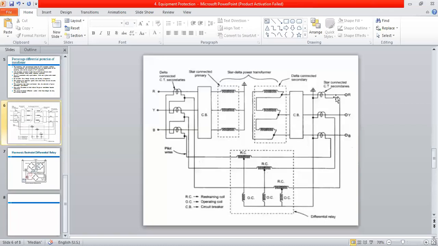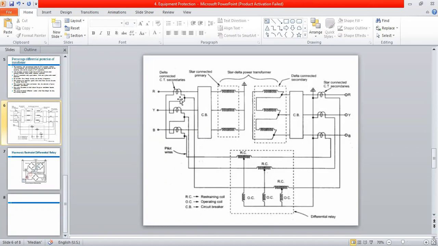Then similarly at the secondary side of the transformer there is again a CT. That is, a current transformer is connected, and it is connected in star. You can see all the terminals of that CT are connected to one line, that is to one point, that is nothing but star connection.